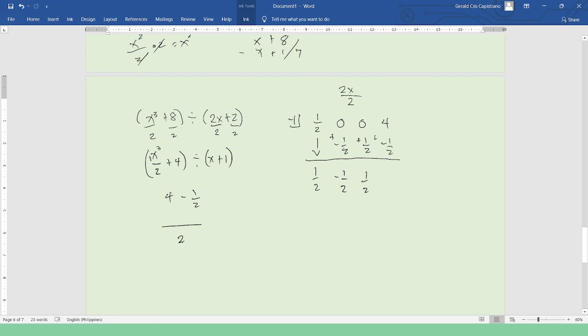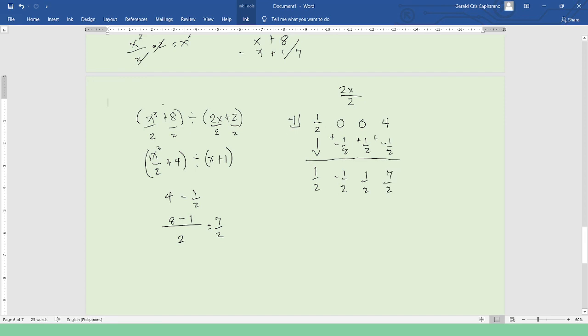So, 2 divided by 1, that is 2. Multiply lang natin sa 4, that will be 8. Or basically, kapag walang denominator, multiply mo lang yung LCD. Then, 2 divided by 2, that is 1 times 1, that is 1. So, we'll have there 7 over 2.